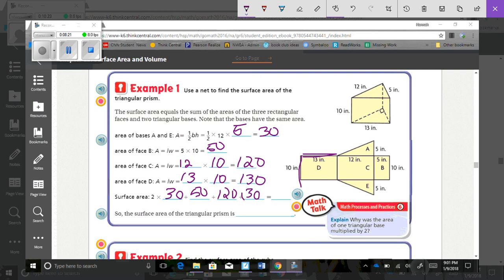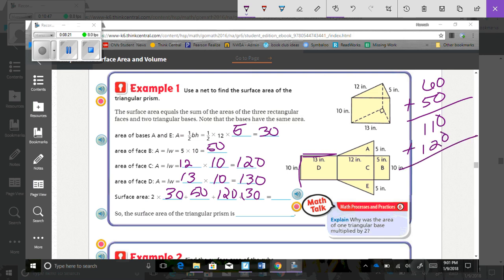Okay, so remember PEMDAS, which means we have to multiply before we add. So we're going to take that 30 times 2, which is 60, and we're going to add that to 50, which is 110. And then we're going to take that and add 120.